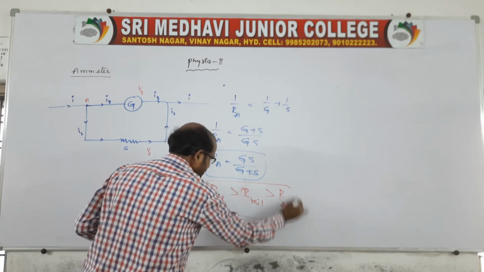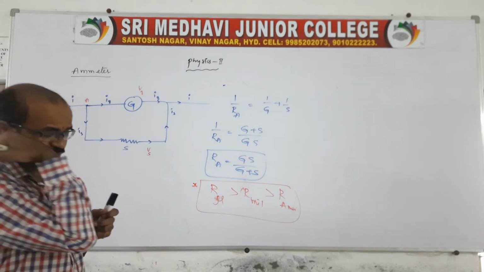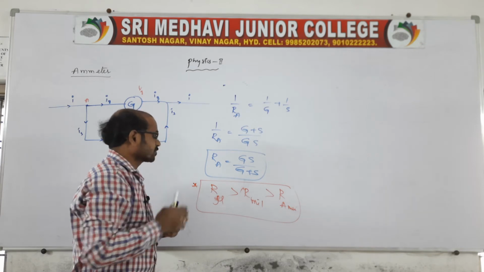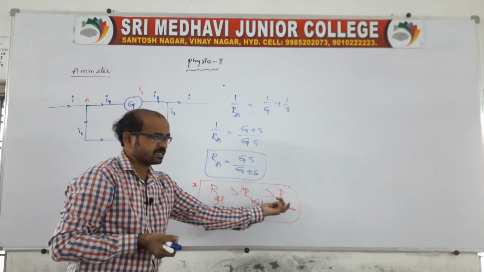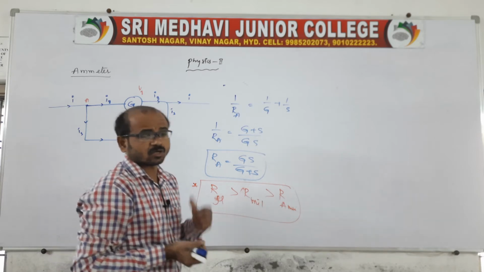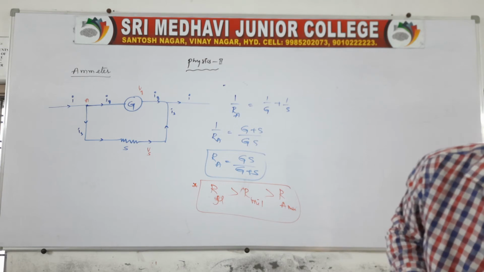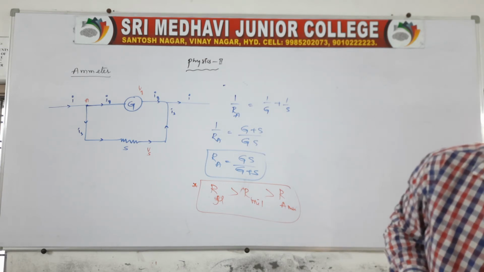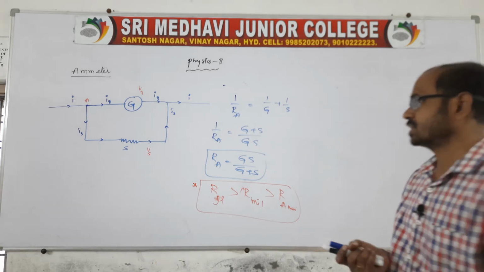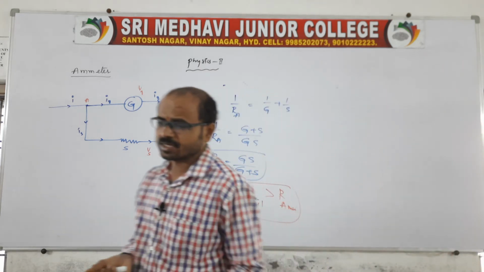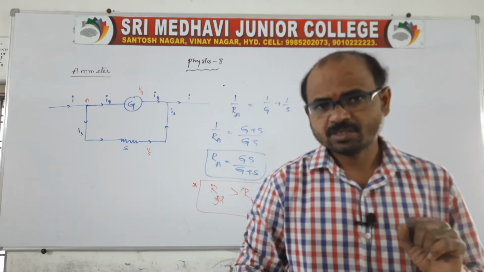This is the range, the magnitude of the resistance: micro is greater than milli, which is greater than the normal ammeter. Clear? This completes what we can say about ammeter conversion.